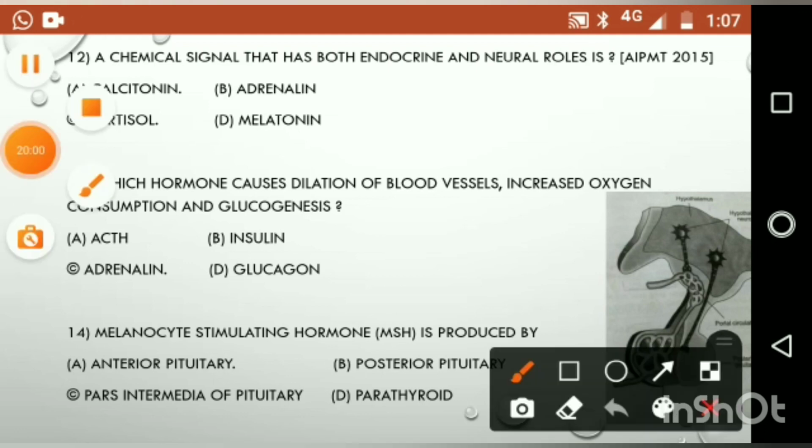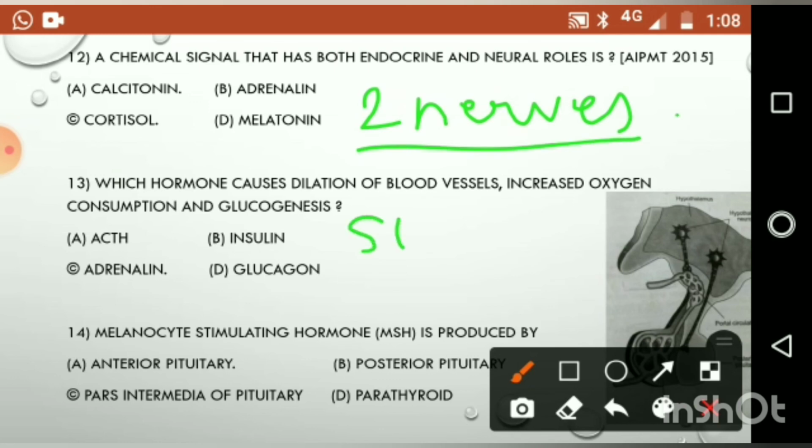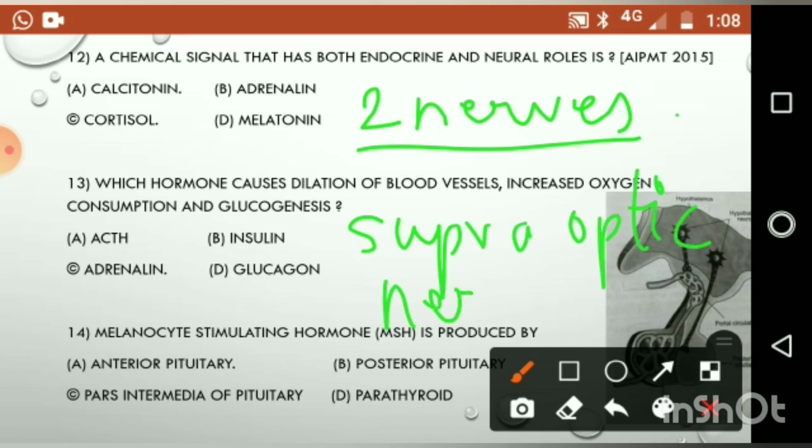Now I will be giving you all some extra information. If you are NEET students, then this will be good for you. The posterior pituitary, or the neurohypophysis, consists of two nerve cells, and they have two special names. The first is the supraoptic nerve.